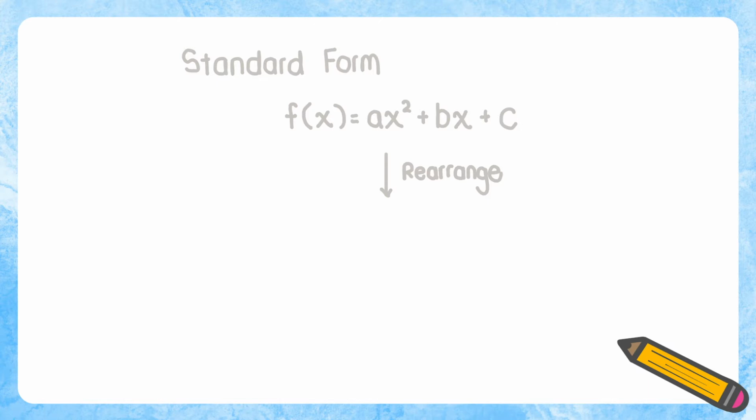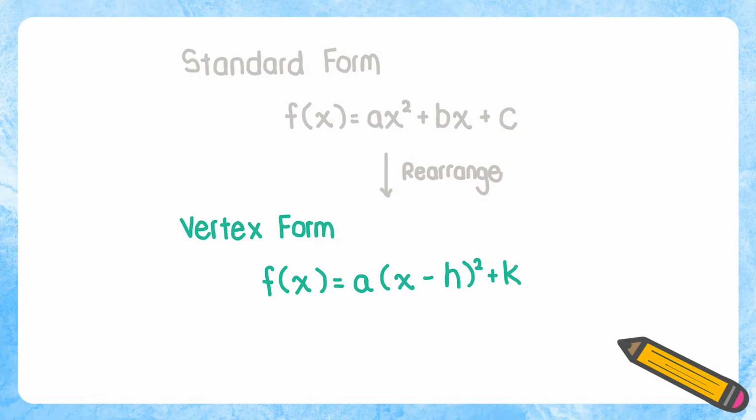So the vertex form is the same as the standard form, just written differently. So our vertex form is f of x equals a times x minus h quantity squared plus k.